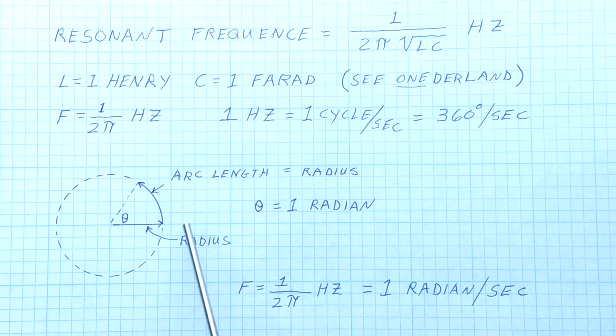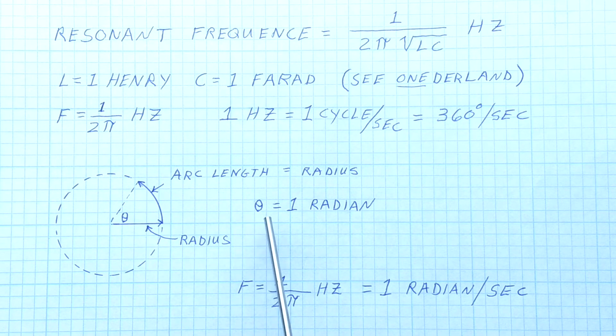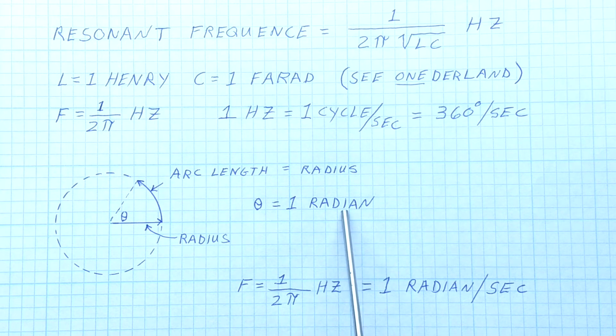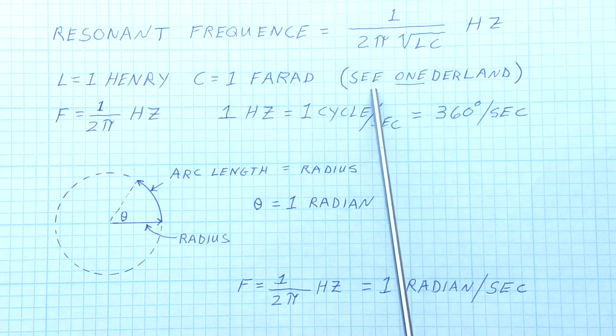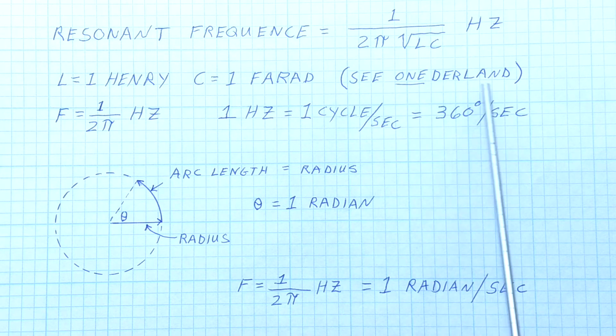If we take a circle and make this arc length equal to the radius, this angle here is a radian. And it turns out there are 2 pi radians in a circle. So a frequency of 1 over 2 pi hertz is a frequency also of 1 radian per second. And notice that goes along nicely with our Wonderland. And I find this kind of a satisfying solution.